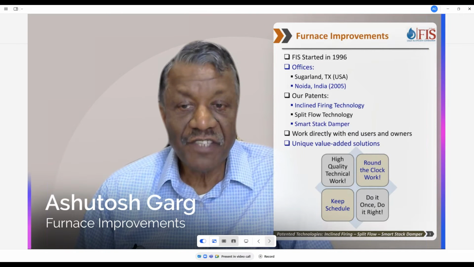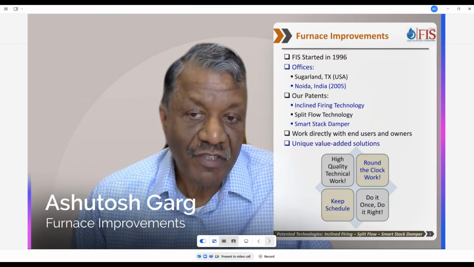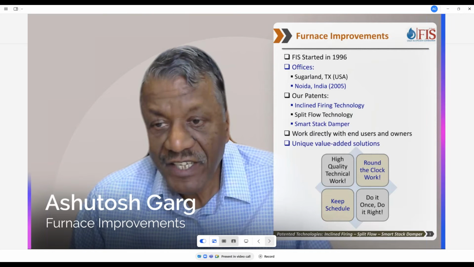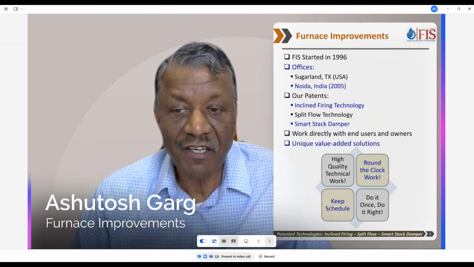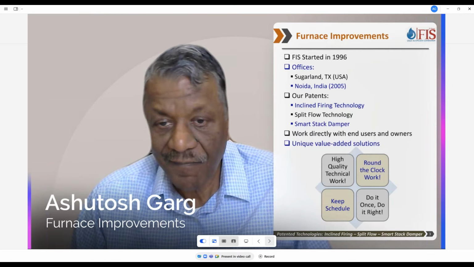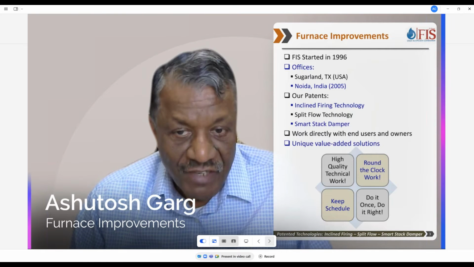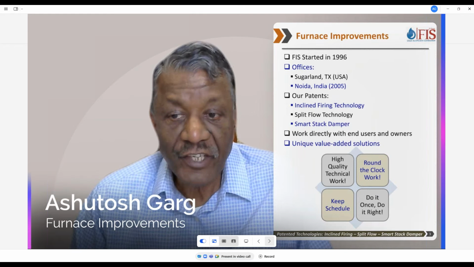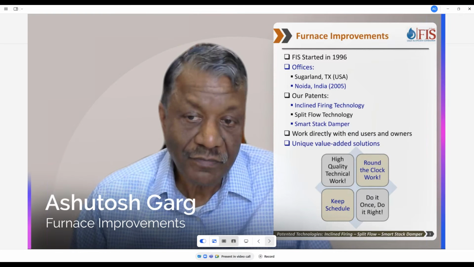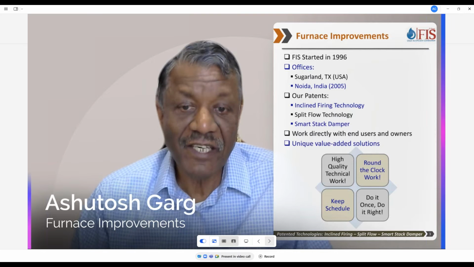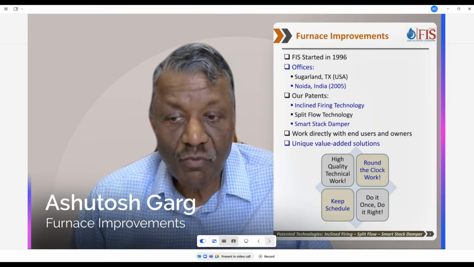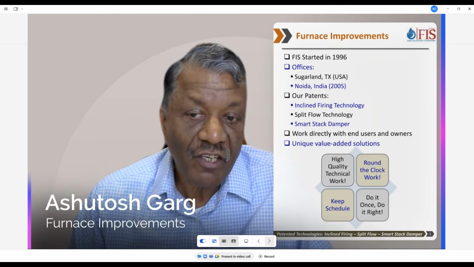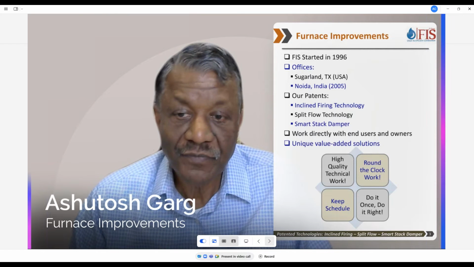Conventional heaters have series flow with fluid flowing first in convection and then the radiant section. We challenged that and developed a split flow concept of parallel flow in convection and radiation. Similarly, conventional heaters have vertical burners. We challenged it and developed an inclined firing system which reduces the tube metal temperatures and offers better run lengths.